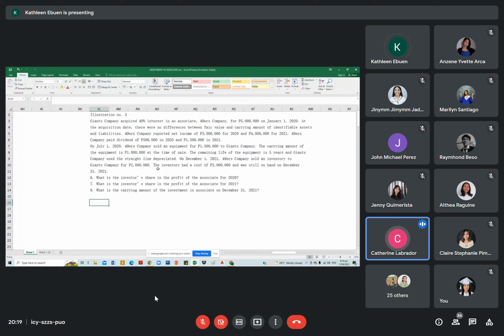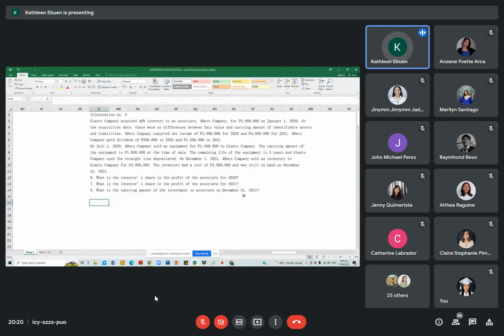The inventory had a cost of 2 million and was still on hand on December 31, 2021. So, tinatanong sa atin, what is the investor share in the profit of the associate for 2020? What is the investor share in the profit of the associate for 2021? And what is the carrying amount of the investment in associate on December 31, 2021?